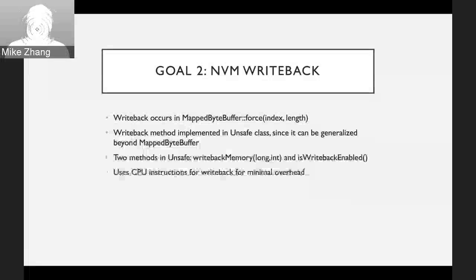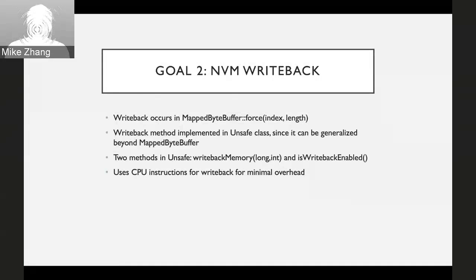So in this case, the writeback method is implemented in the Unsafe class because in future Java we might need direct access to non-volatile memory outside the scope of MappedByteBuffer.